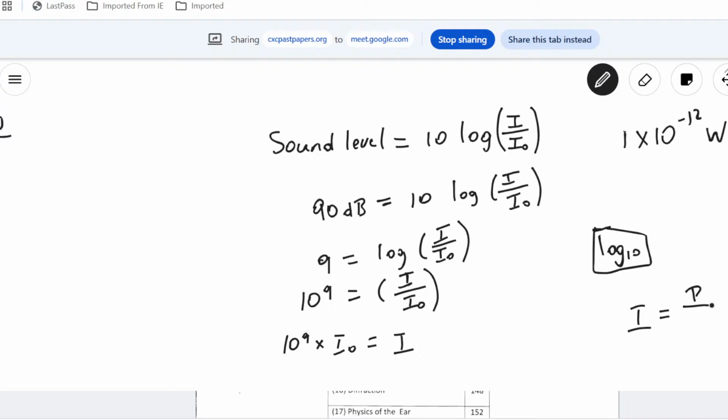Basically power over area. If you look at the unit, watts per meter squared. And power, what's power?